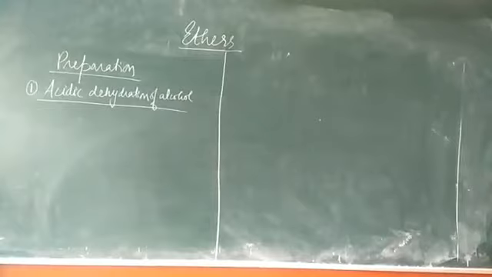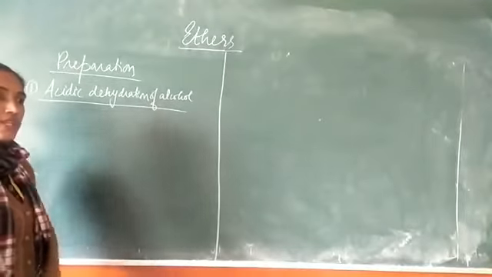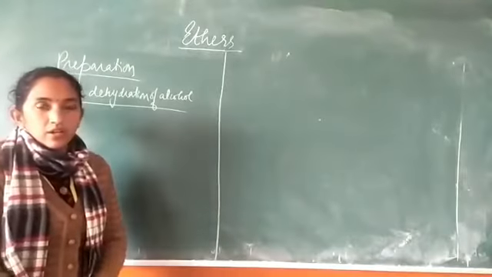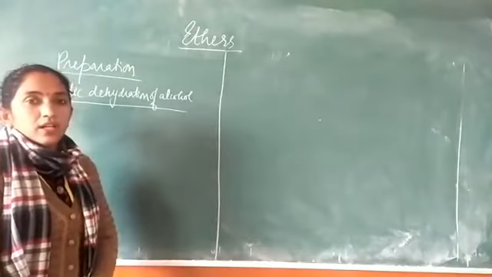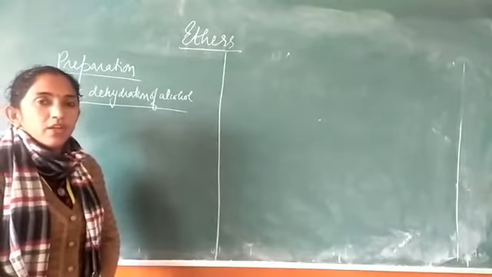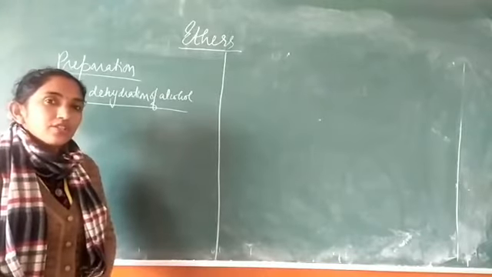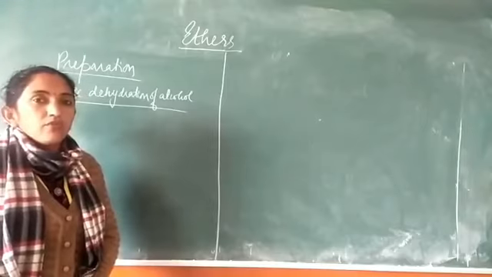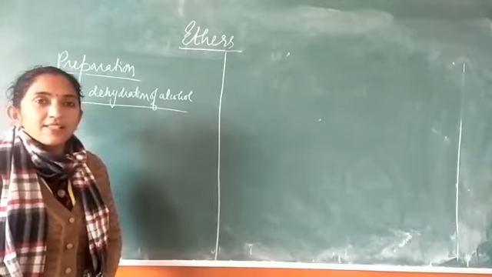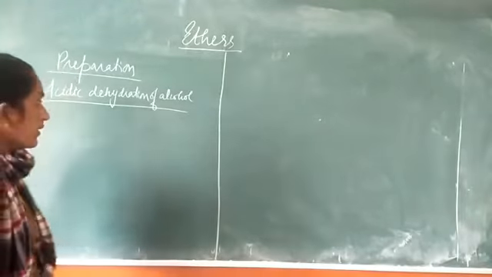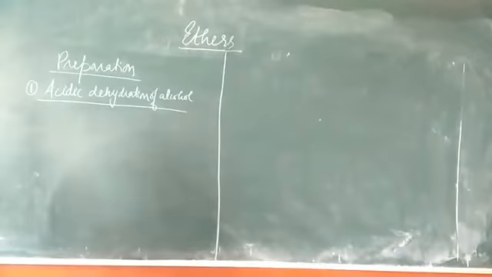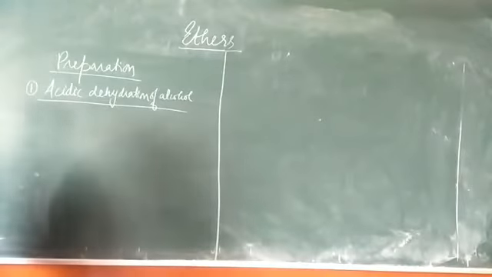Now students, we will discuss the preparation of ether. The first one is the acidic dehydration of alcohol. If you remember the chemical properties of alcohol, there we went through the acidic dehydration of alcohol, which involves the alkyl as well as the hydroxy group. Here also it is the same thing, but there will be a temperature difference.